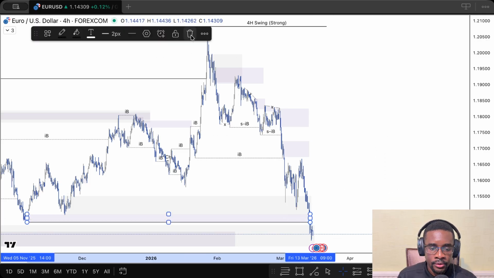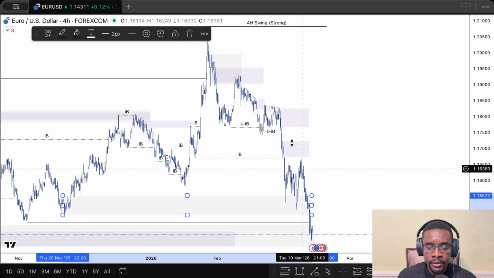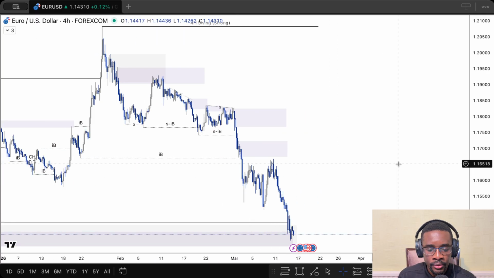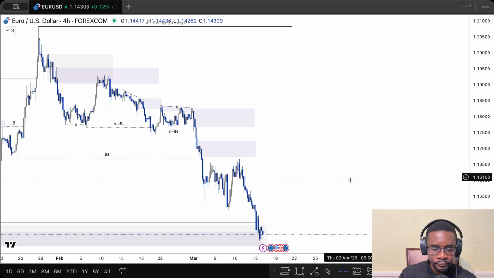So now we're starting to see clearly demand areas failing and supply areas being created and respected.